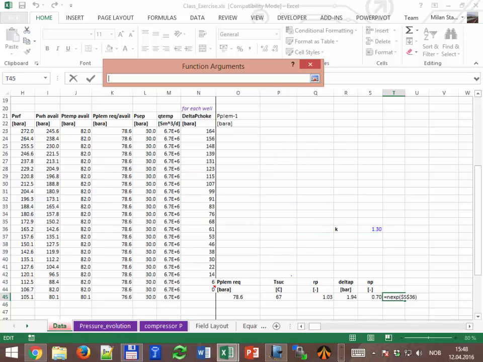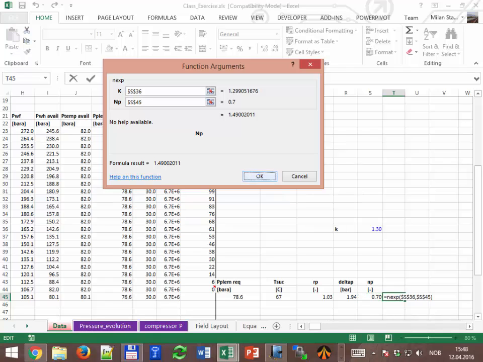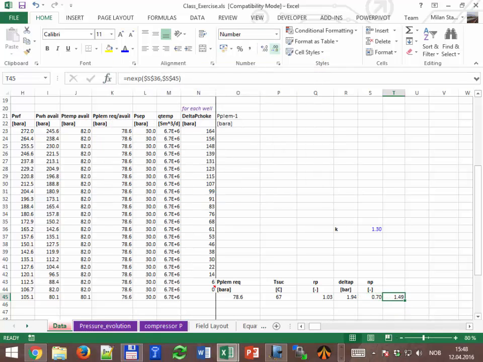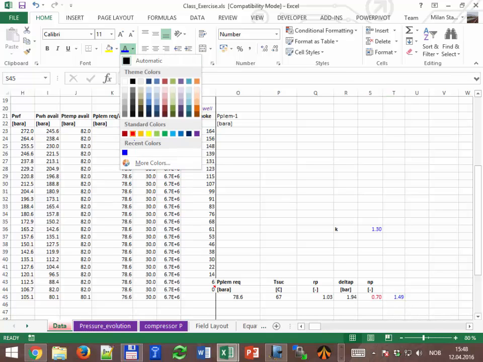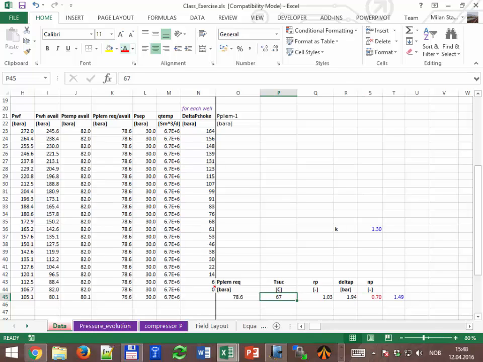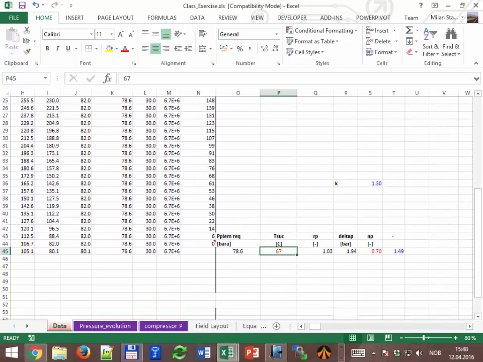Then the efficiency, which is here, and I also block it, and enter. You see that the exponent is in the same order of magnitude as the isentropic one, but it's different. That also helps us do some quality control. So that's n, and n doesn't have any units.